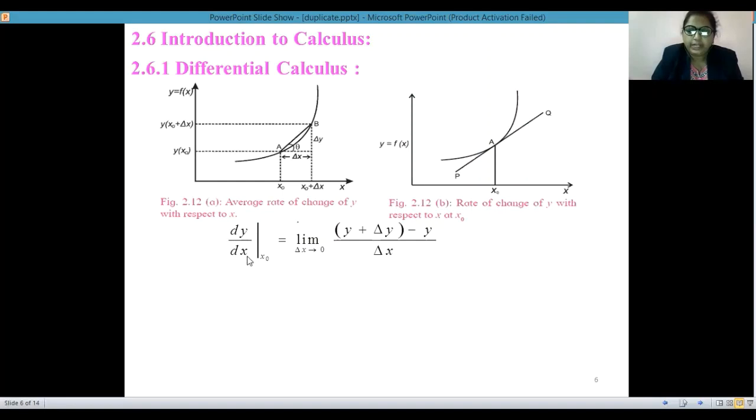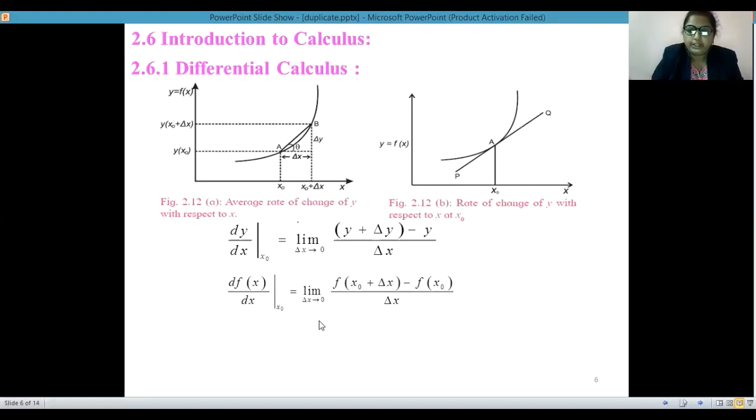Here dy by dx is the limit of delta x tends to 0, which is d by dx of y. So it is the limit of y plus delta y minus y upon delta x, that is, df of x by dx at x is equal to x0 is equal to the limit of delta x tends to 0 of f of x0 plus delta x minus f of x0 upon delta x.